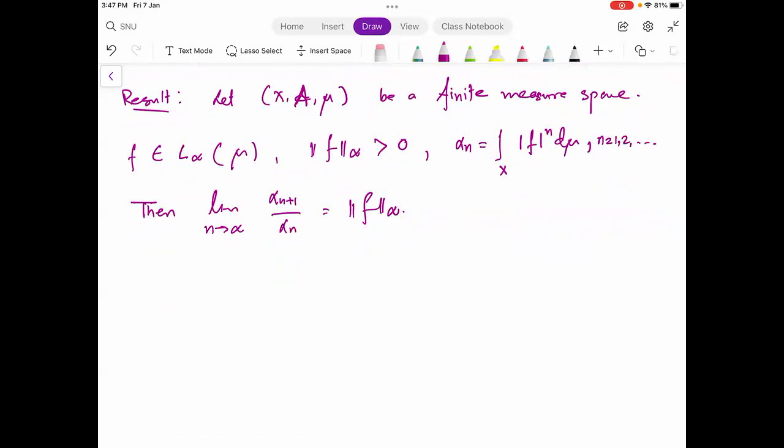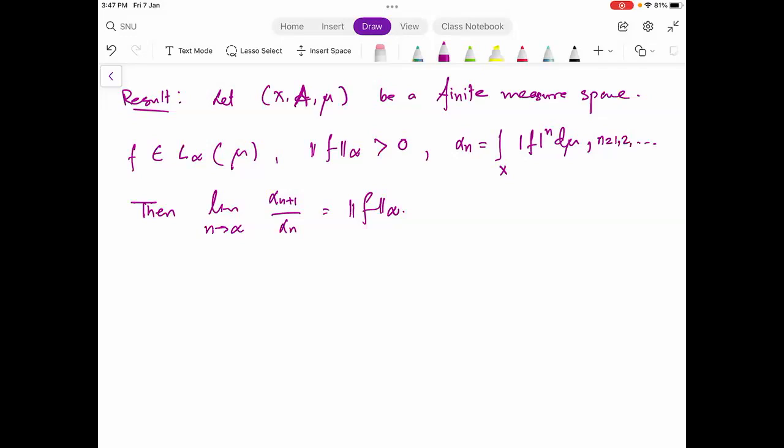This is interesting. Sir, mu is a finite measure space. Yes, because it's a finite measure, you can take norm f to the power n outside and you will still get a finite value. So here finite measure is being used.